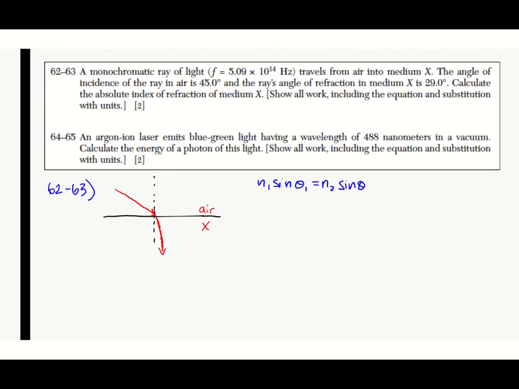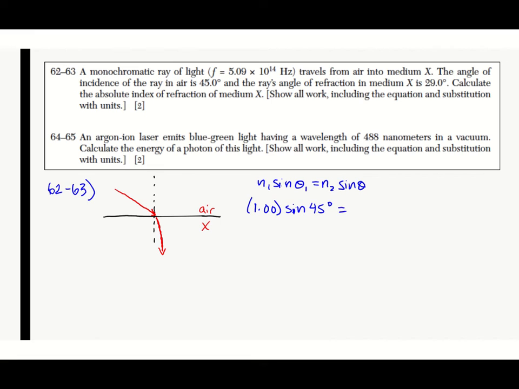N1. So we start in air, and you have to look that up on the reference table, but this one you should probably know offhand, and that's 1.00. That's the N value of air. Sine 45 degrees, because that's the angle that is associated with air.